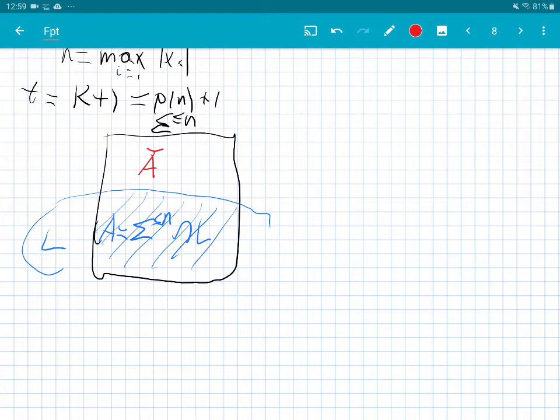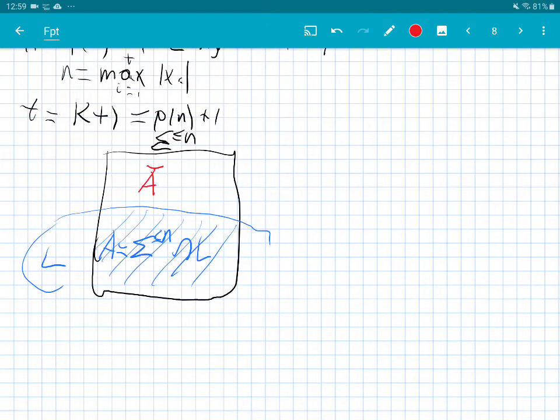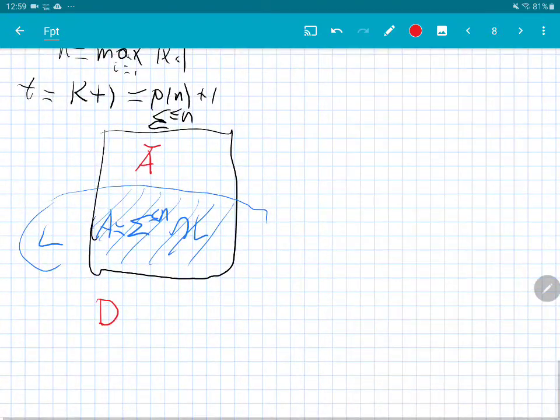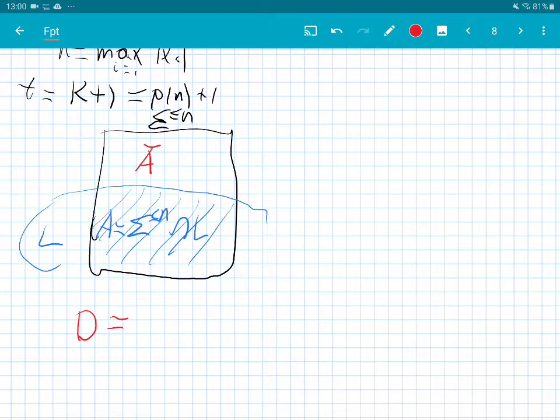But now because we are dealing with t input strings, we're really interested in the set D. D is equivalent to all the inputs to the OR distillator, so it's all the tuples of strings of length at most n, t of them. And again, t we fixed above, it's pretty large.